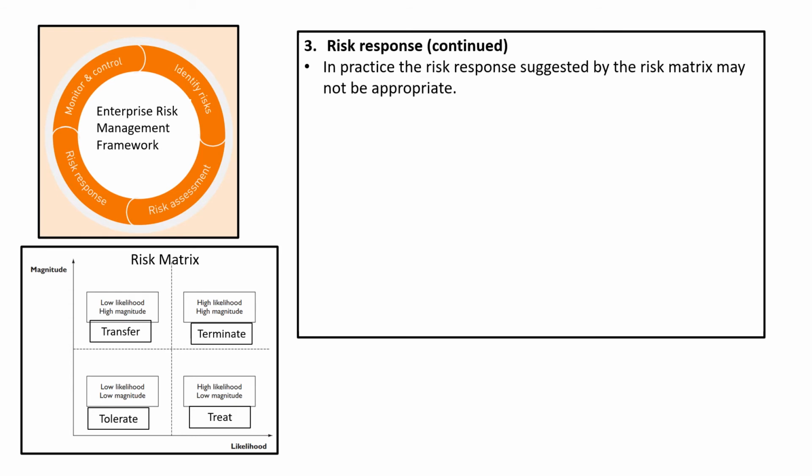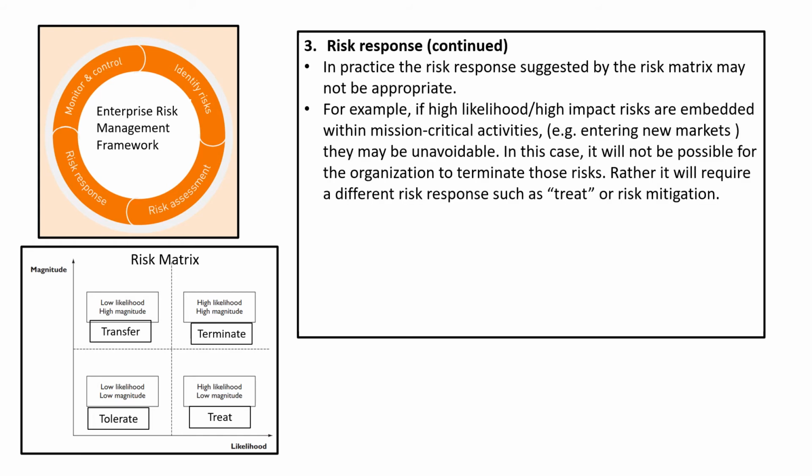In practice, the risk response suggested by the risk matrix may not be appropriate. For example, if high likelihood and high impact risks are embedded within mission-critical activities, for example, entering new markets, they may be unavoidable. In this case, it will not be possible for the organization to terminate those risks.